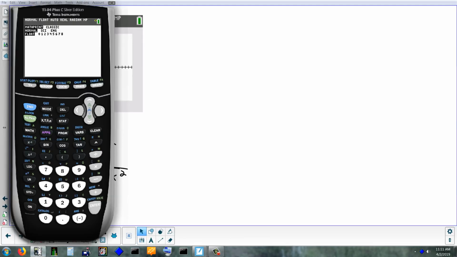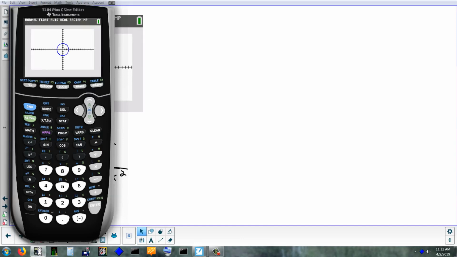Now, let's go to parametric. Parametric is what we did yesterday. To draw a circle there, it's different. It doesn't use squaring and square rooting, but it does use trig functions. So we have to type in 3 cosine t and 3 sine t.